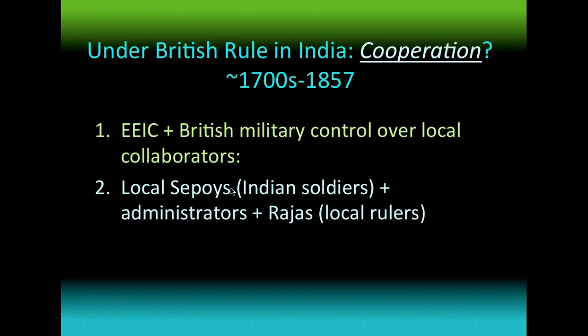And there were rajas, local rulers, local princes, and a lot of them thought, well, the British are very, very powerful. They have a lot of great industry. If I get in good with them, I will have more power, and eventually India will become more powerful too because we will collaborate and work together.